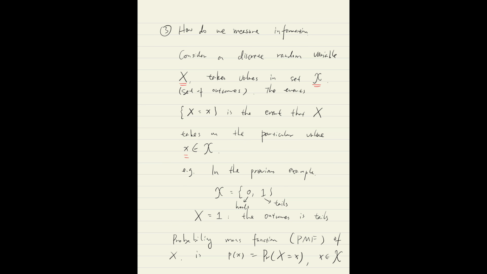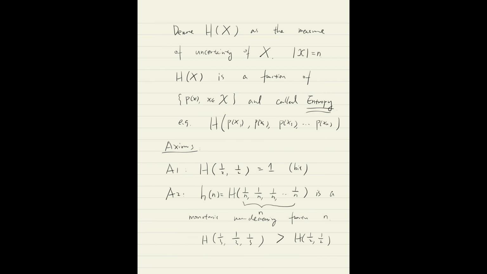We're going to talk about it much later, not in this class. You may think a little bit: if I have something that takes values on a discrete set, it's easier to think about how much information we can gain.